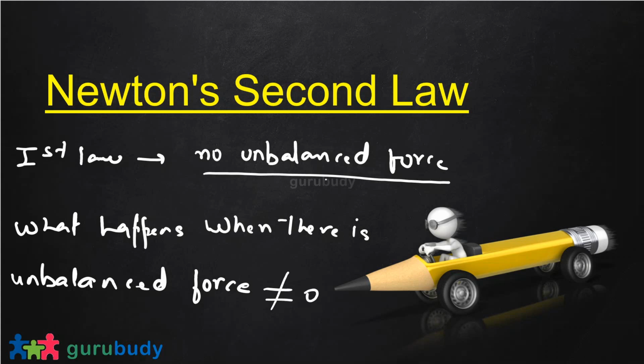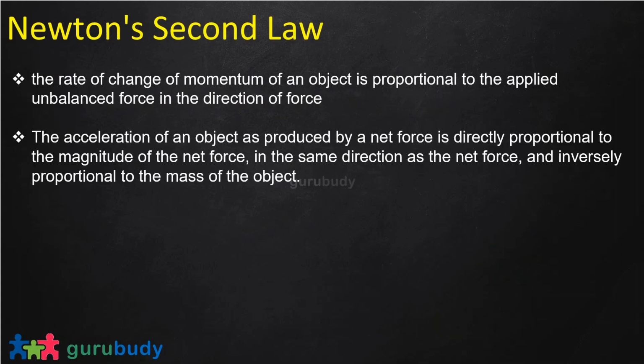Okay, so there are two definitions of Newton's second law. Both are the same, it's just a different way of saying it. One definition says that the rate of change of momentum of an object is proportional to the unbalanced force.